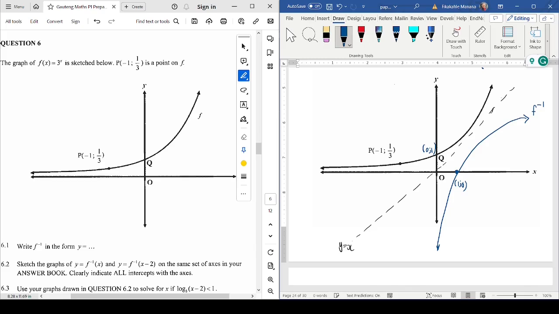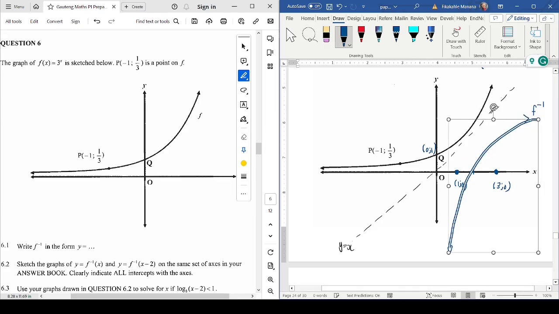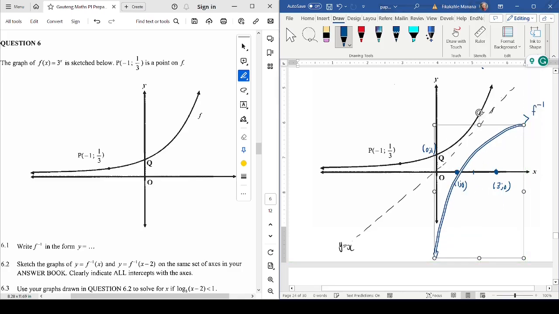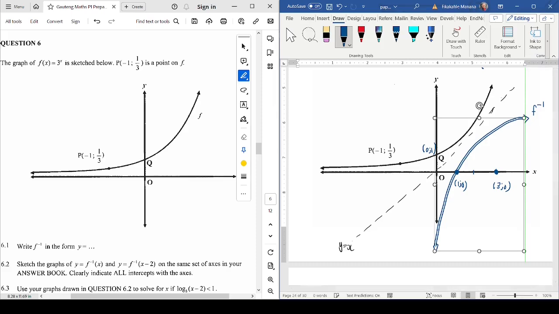Now, if I want to sketch the graph of the inverse of f shifted 2 units to the right, so if I have 1 over there, then I'm going to go 2 units to the right, so I'm at 3. Okay, and therefore my graph would have shifted. Something like that.